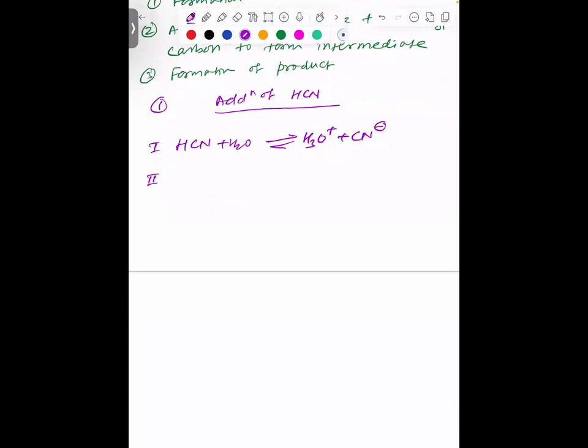Then the carbonyl carbon is attacked by the nucleophile CN minus.